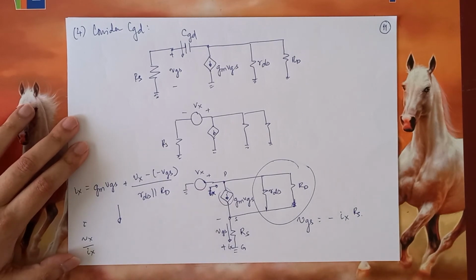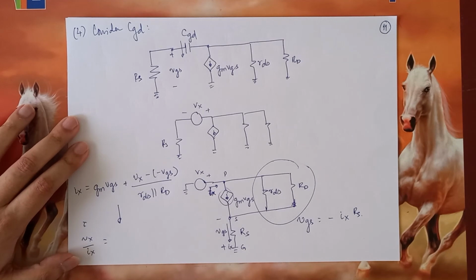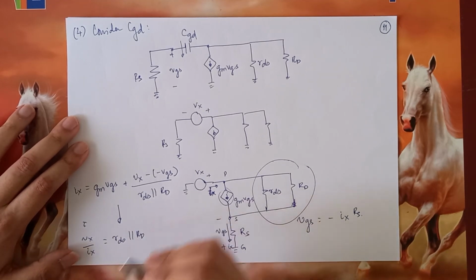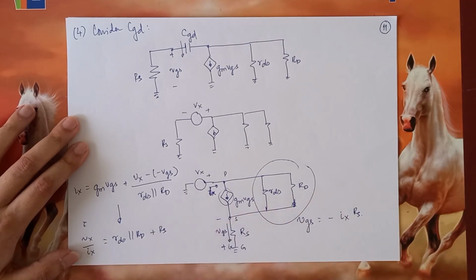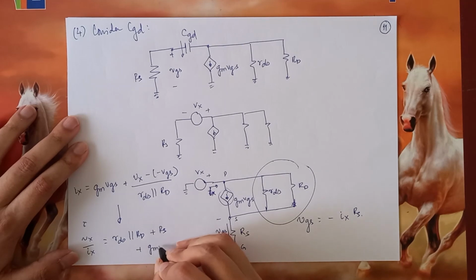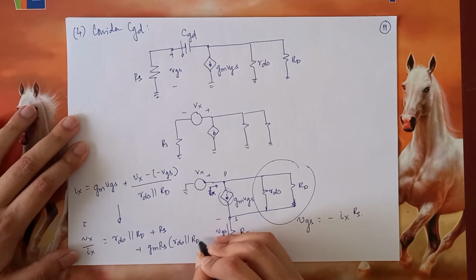The solution is pretty straightforward once you have this equation. What you will get is essentially RDS parallel to ID plus RS, that this will come because of the VGS, plus gm RS times RDS parallel to ID.